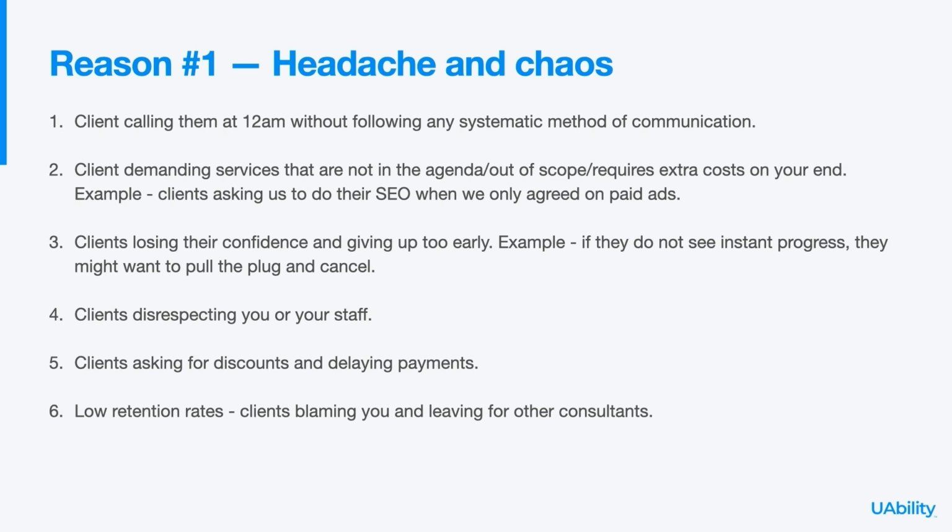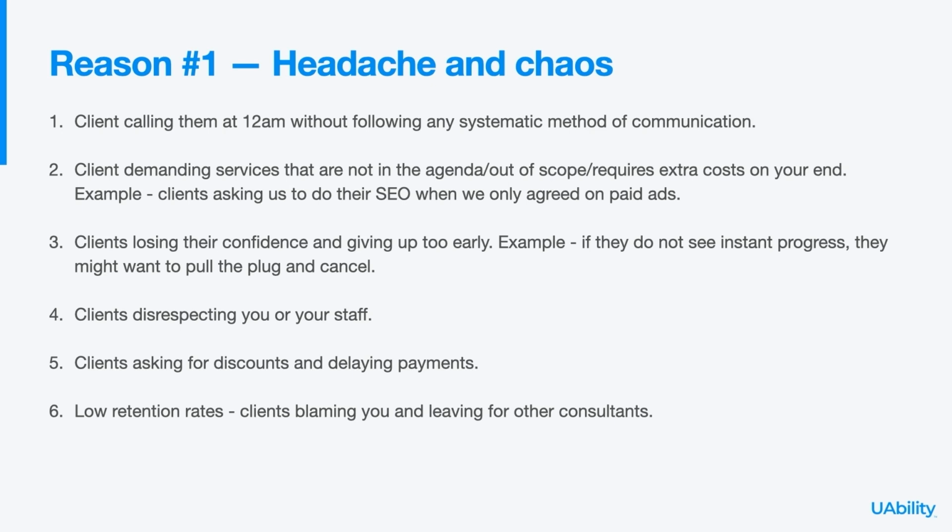To give you an example of this, when I was running ads for some of my clients initially back in the days, if they did not see instant progress within like 1 or 2 weeks, they would get really panicky, and they would start losing their confidence, and they'd be like, oh, I don't want to invest more money into ads, and they might want to pull the plug and just cancel the service.